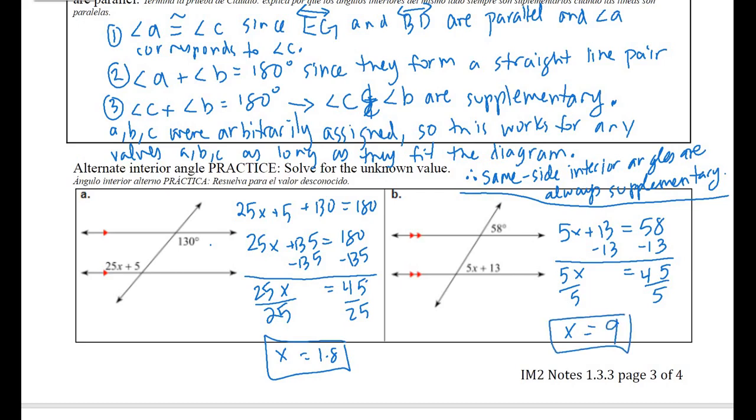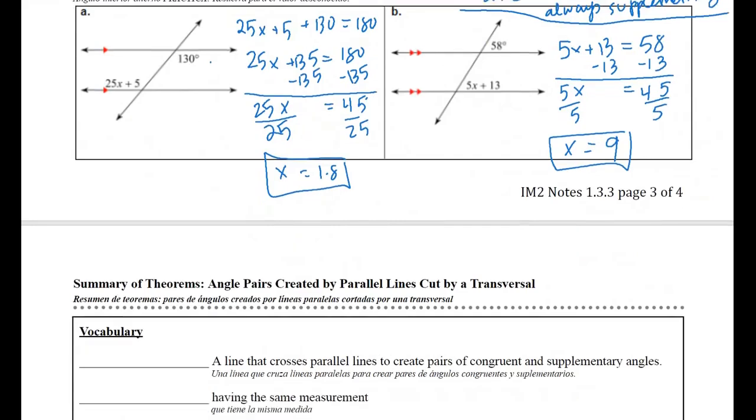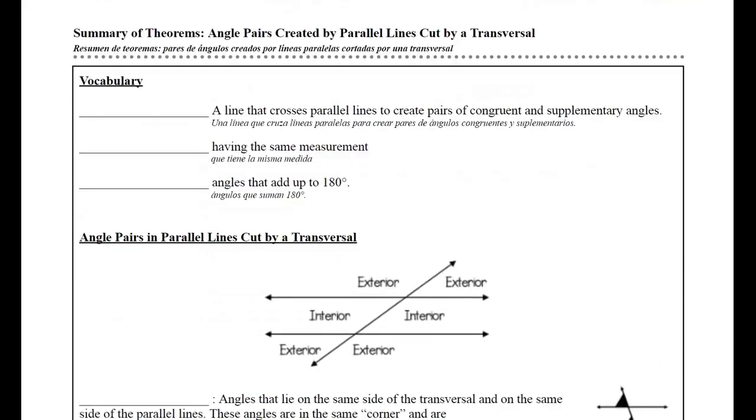Almost done. We just have to summarize our learning with a graphic organizer. Our vocabulary follows: transversal, a line that crosses parallel lines to create congruent and supplementary angles.